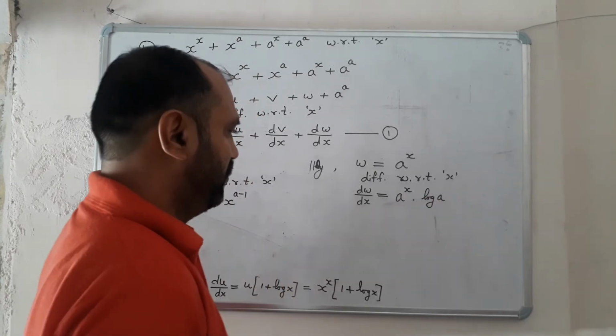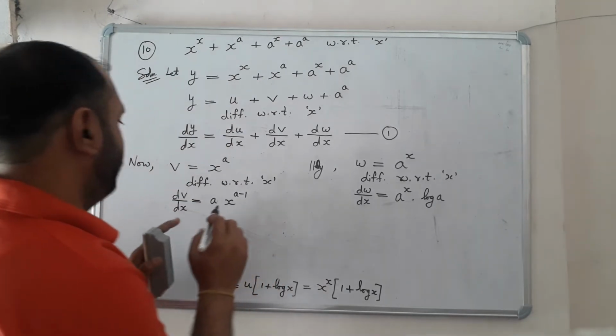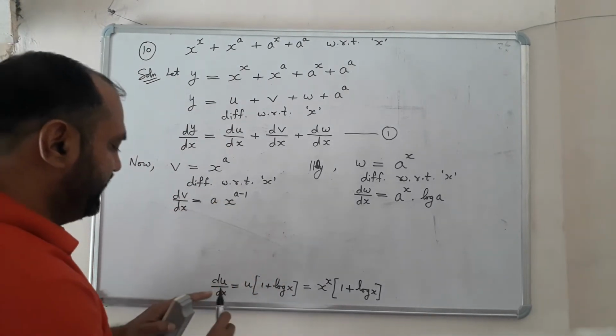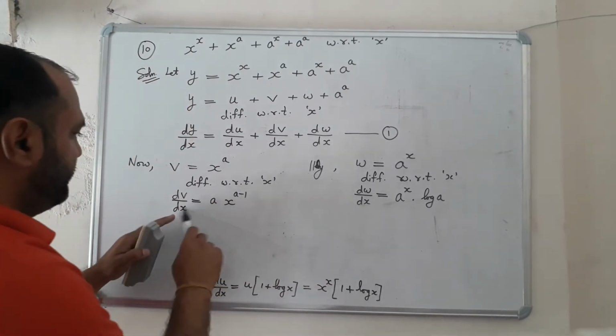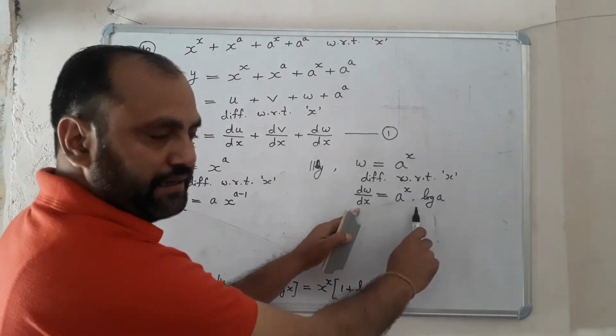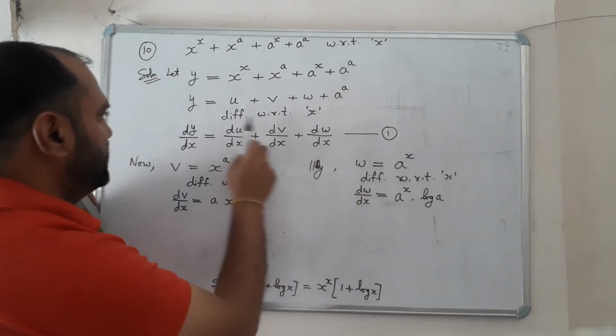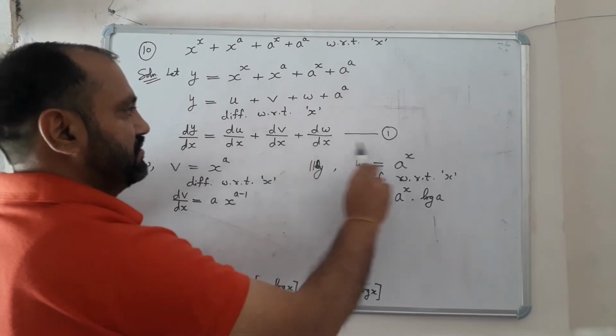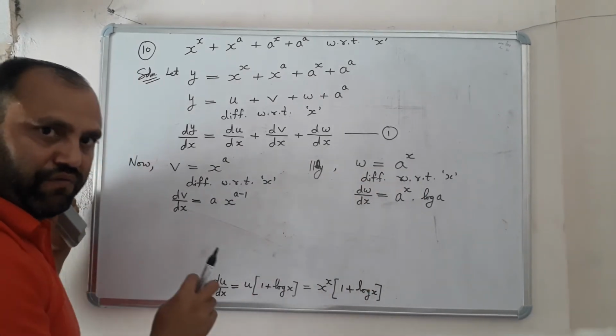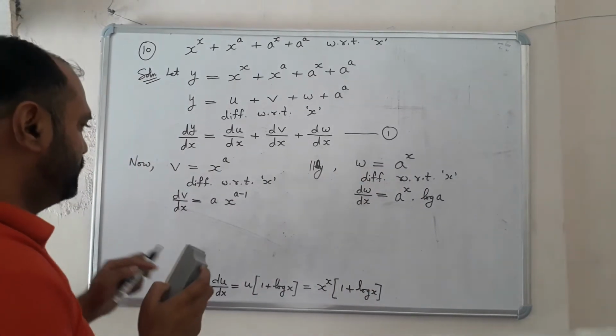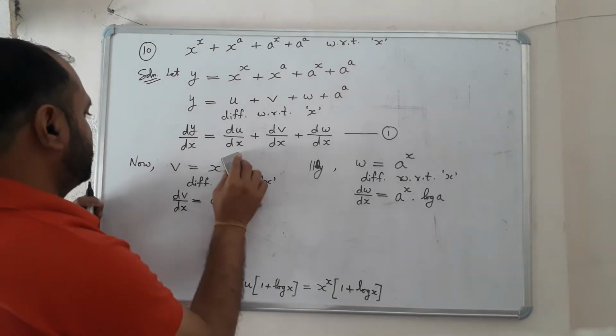Right? So we have these three values, du by dx, dv by dx and dw by dx. Put all these values in this equation, equation number 1. What will we get?